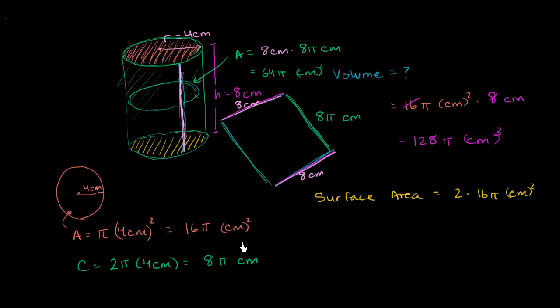So when you want the surface area of the whole thing, you have the top, you have the bottom, we already figured those out. And then you want to find the area of the thing around. We just figured that out. So it's going to be plus 64 pi centimeters squared. And now we just have to calculate it.